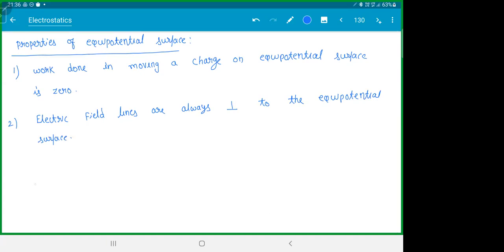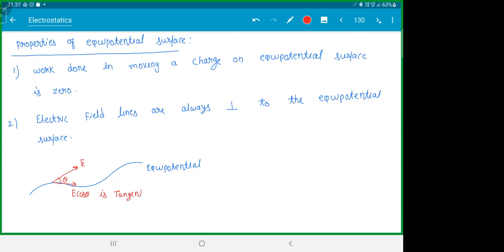Reason, think of it like this. Let's say this is an equipotential surface. Suppose you have a field like this, E making an angle theta. So this component, E tangential, will be E cos theta.